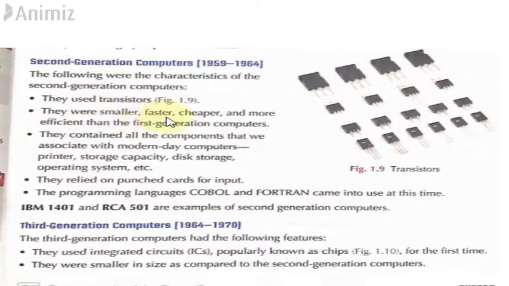They were smaller, faster, cheaper, and more efficient than the first generation computers. As time progressed, more electronic devices like transistors were introduced, and the size of the computers became smaller, while efficiency, power, and the ability to run programs started increasing.